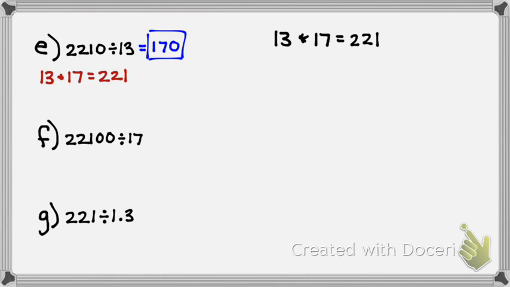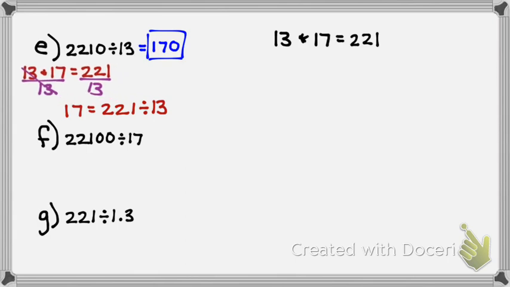And then we talked about how if I divide both sides by 13, I can get 17 equals 221 divided by 13. That's starting to look much more similar, right? Granted, I'm comparing left side and right side, but this still looks a lot like this, right?